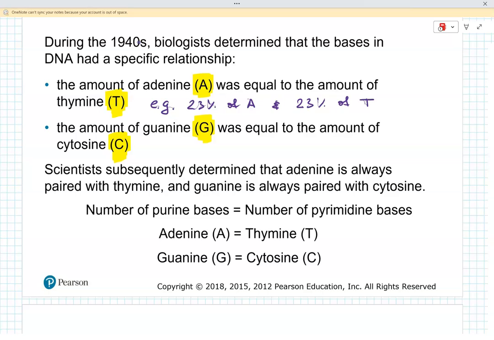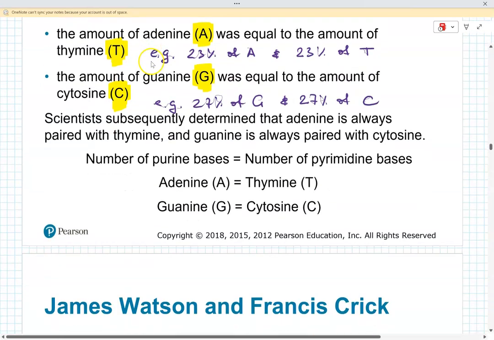Okay? And same here, for example, 27% of G and 27% of C. Right? Reasonable? Okay, it's called Chargaff rule.